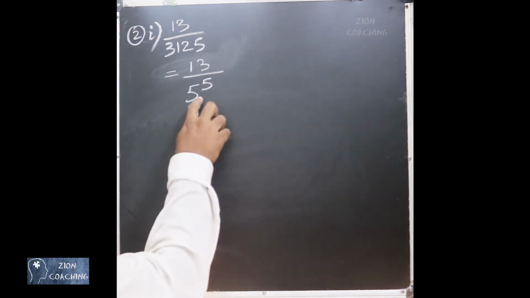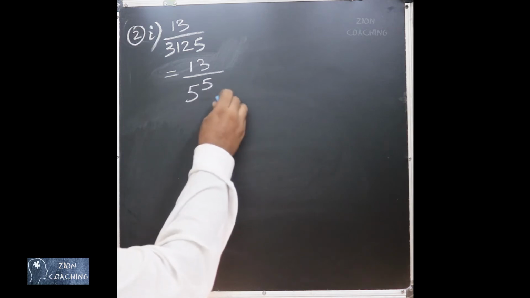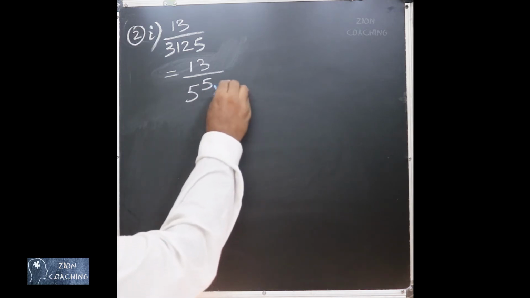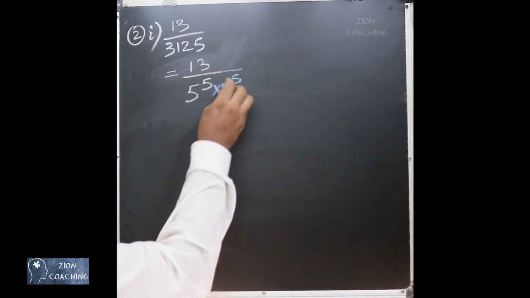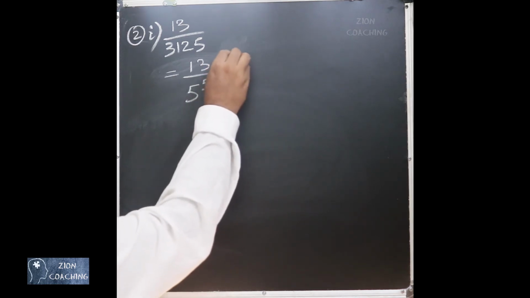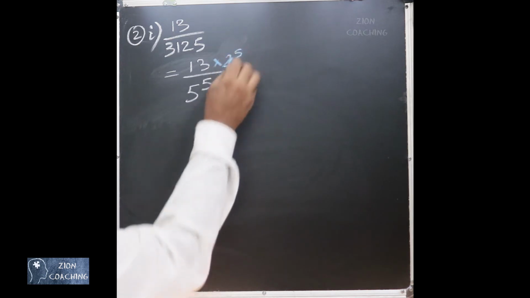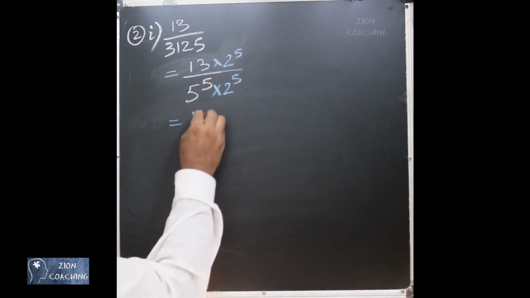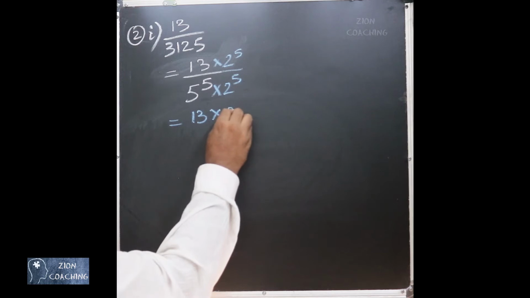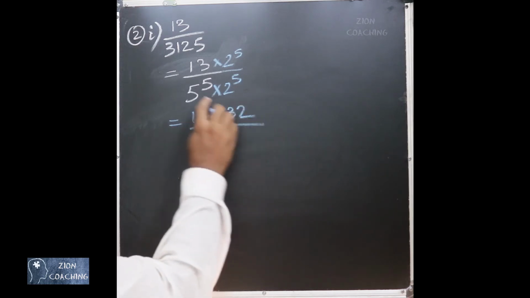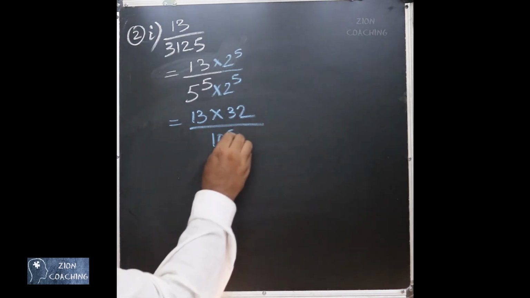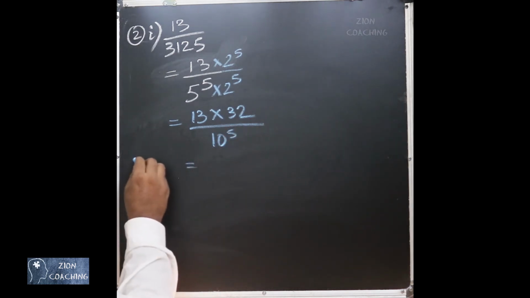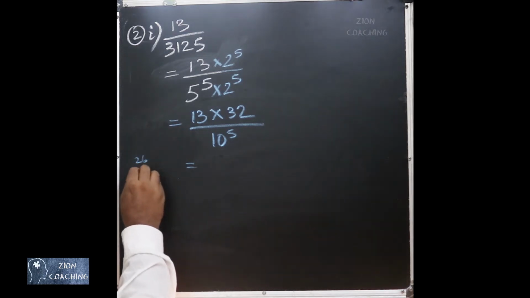To make it 10 power 5, you have to multiply the denominator by 2 power 5. Since you are multiplying the denominator by 2 power 5, you multiply the numerator also by 2 power 5. So we have 13 into 32 by 5 power 5 into 2 power 5, which becomes 10 power 5. 13 into 32: 2 into 13 is 26, 3 into 13 is 39.